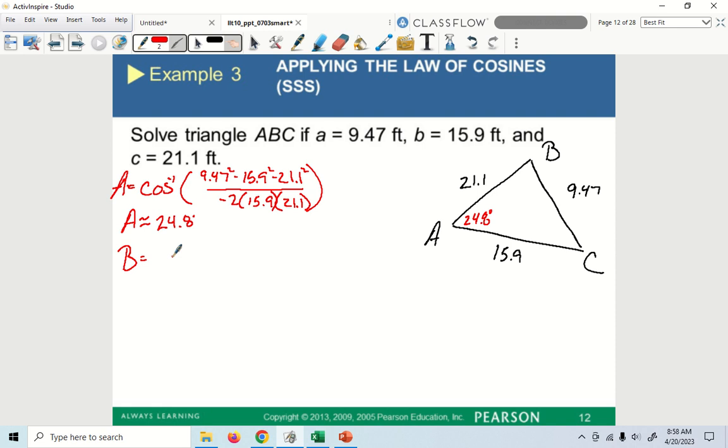Denny, what are we going to have? Inverse cosine. Now you gotta take 15.9 squared minus 9.47 squared minus 21.1 squared over 2 times 9.47 times 21.1.